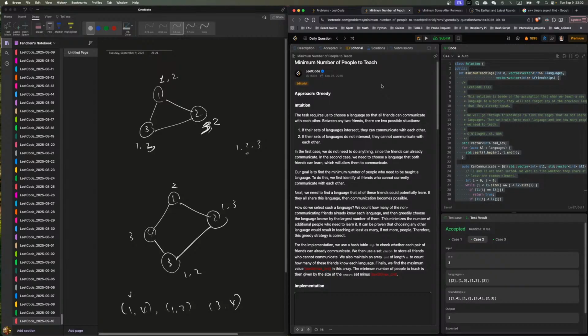Oh, that's actually a good idea. And then greedily choose the language known by the largest number of them. This minimizes the number of additional people who need to learn it and can be proven better than choosing any other language. Okay, I agree. I think that is pretty smart. So basically you use a hash map to know the count.